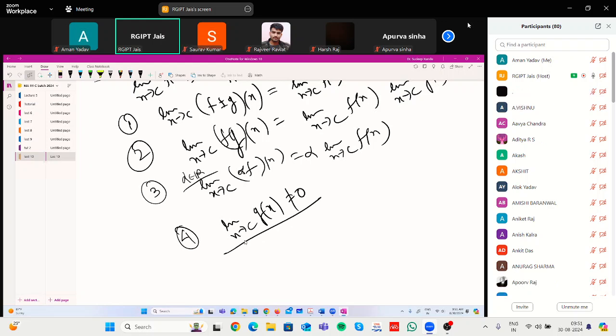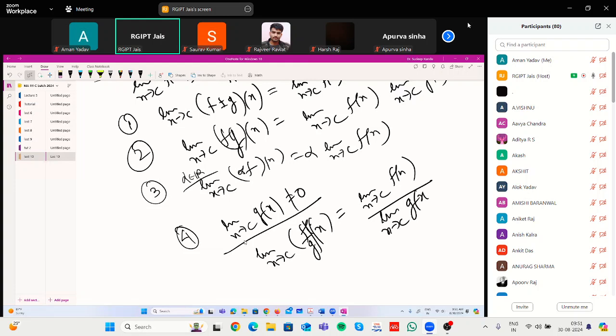In the case of sequences also you have seen, right? Then the limit x tends to C of f by g of x will be the limit of f of x divided by the limit of g of x. So using this you can find various limits.